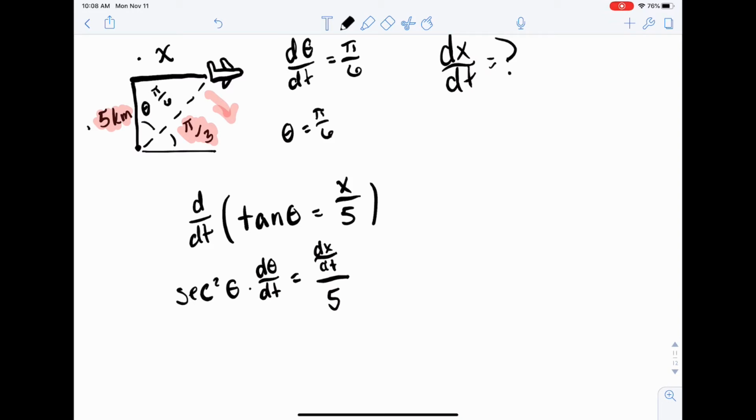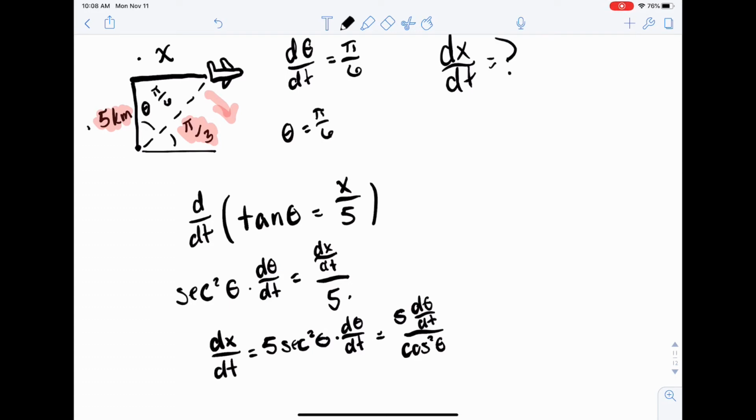So since we're trying to find dx dt, we can just multiply by this 5 and get dx dt is equal to 5 secant squared theta times d theta dt, which is also equal to 5 d theta dt over cosine squared theta, because secant squared is also equal to 1 over cosine squared.